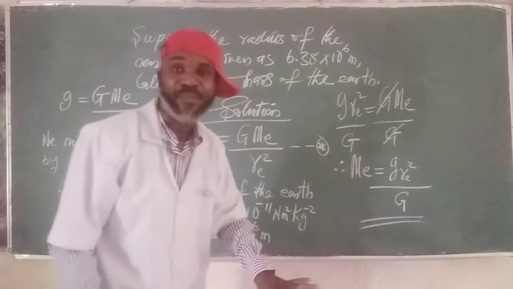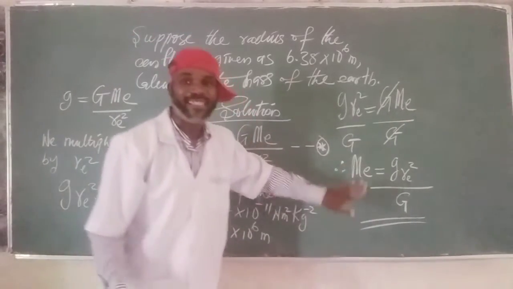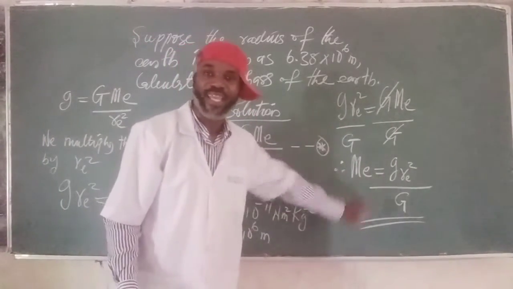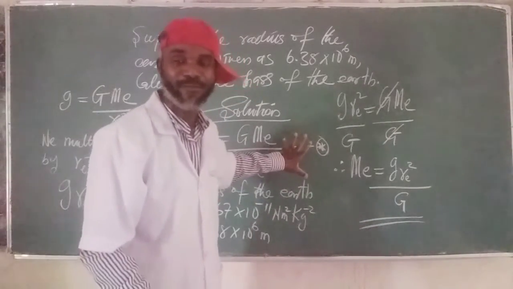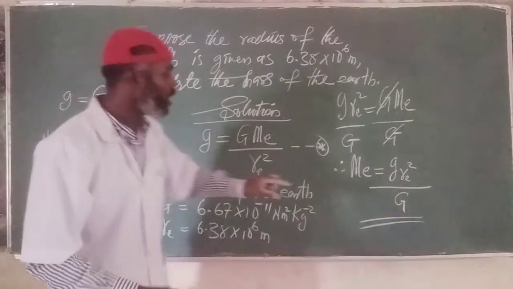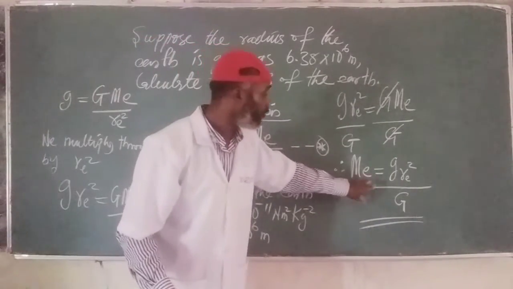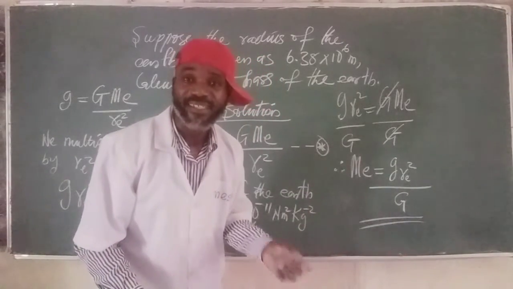It is now time for us to find the value of ME. By the time we find the value of ME, we can say we have concluded this question. So let's begin. We substitute. The value of small g, of course, is 9.8. It's a constant.